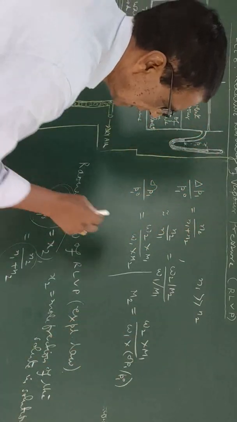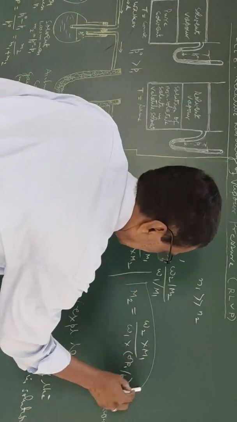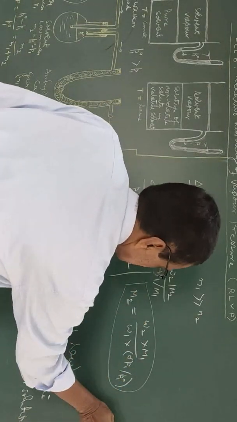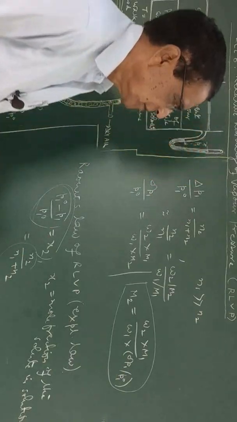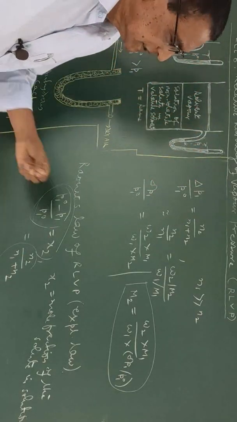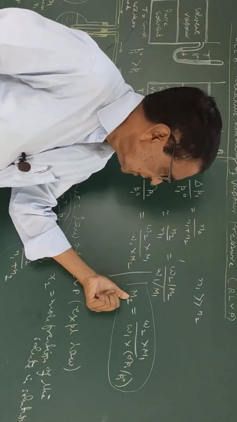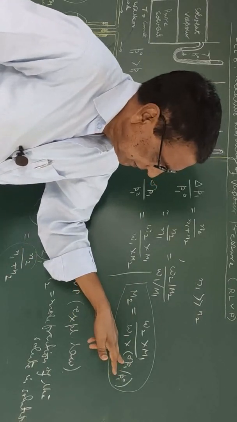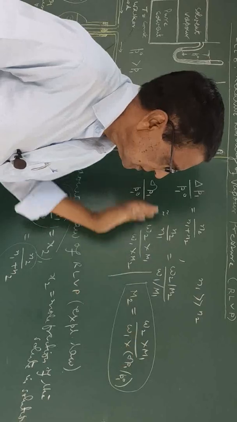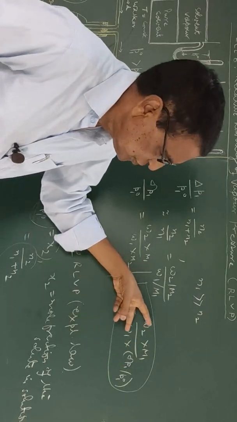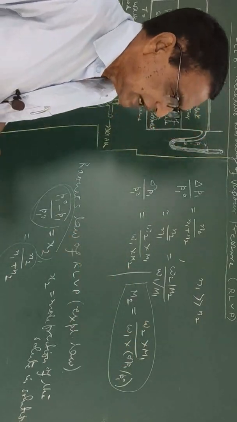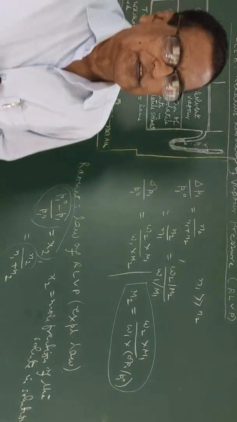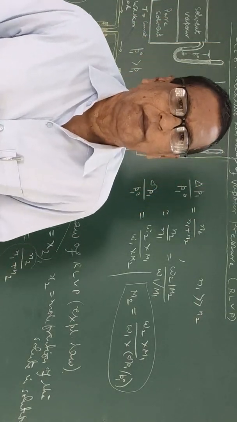So this is the application of measuring the colligative property of dilute solutions. The molar mass of the solute could be calculated by determining the relative lowering of vapour pressure of these solutions and the composition of these solutions. And you know, the molar mass of a substance is very important.